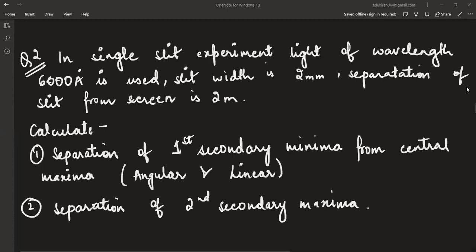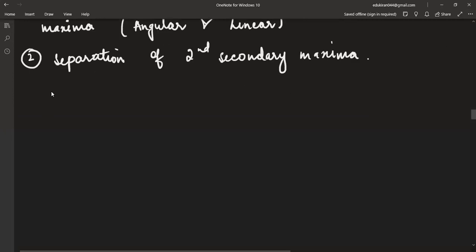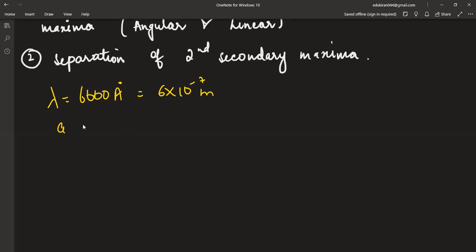Wavelength is 6000 angstrom, that is 6 into 10 to the power minus 7 meters. Slit width is given as 2 millimeters, which is 2 into 10 to the power minus 3 meters. So first one, angular fringe width.